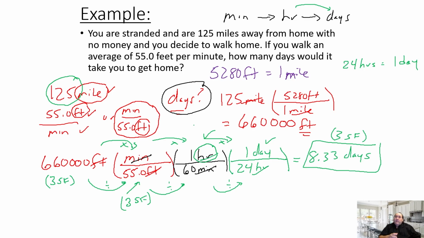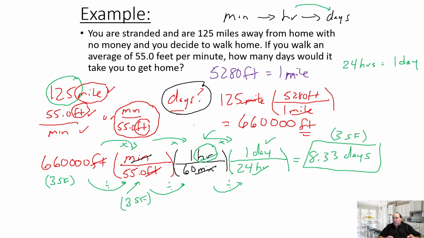Remember, as we talked about in a previous lecture, you definitely do not want to do a lot of rounding. Keep track of your significant figures, but carry a few extra digits and wait until the end to round. Otherwise, you'll move yourself away from the correct answer. So this is dimensional analysis.